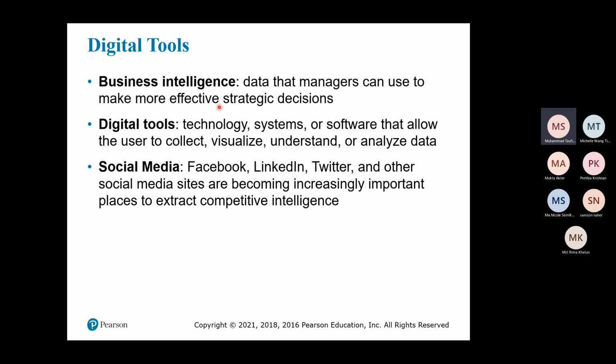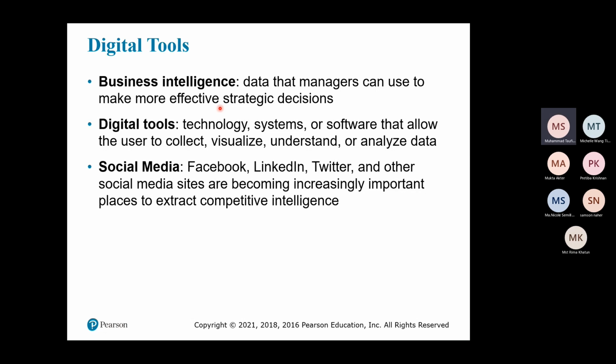Okay, we gather this data, and then we use software to interpret the data. So this data can be used to make better strategic decisions. You can use business intelligence to gather more information about your environment so that you can make better strategic decisions for your organization.